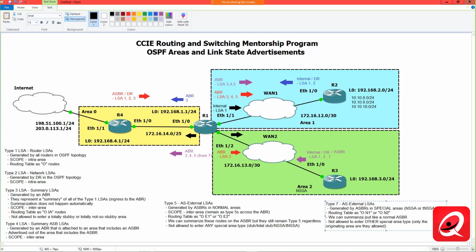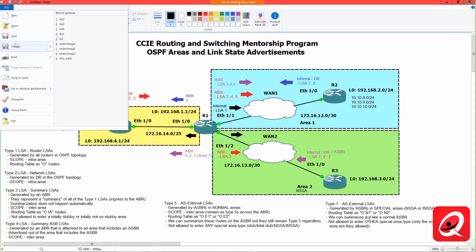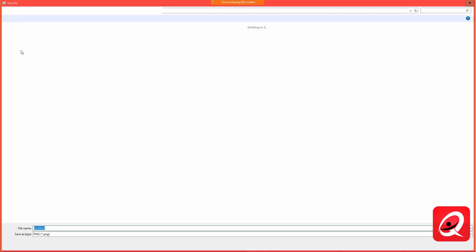That's a good point because Type 7s, I mean, if you think about the whole point of a special area type, it's that it's not supposed to allow external LSAs, but in this particular case, they're allowed in this area because we made it, quote unquote, not so stubby, if you will. Okay? So let me save this file, and we'll save this in our Google Drive.